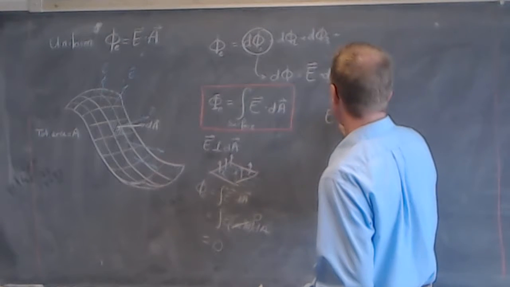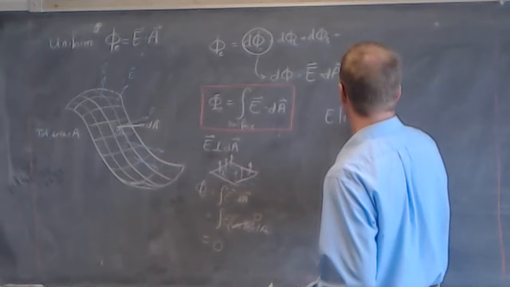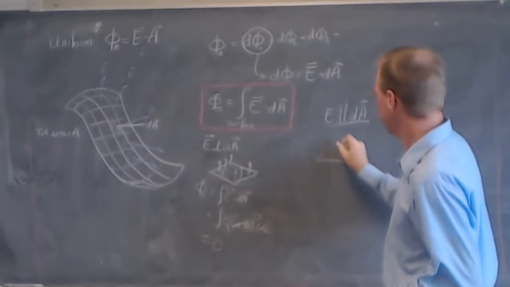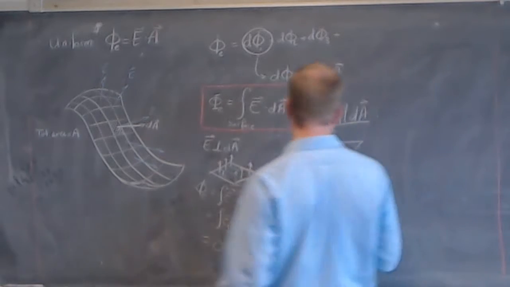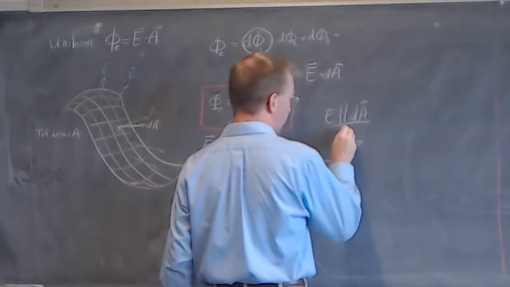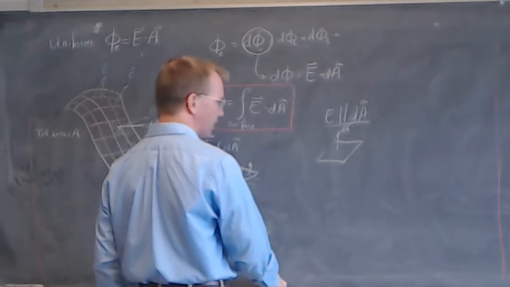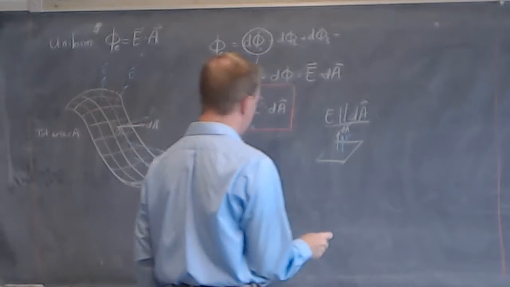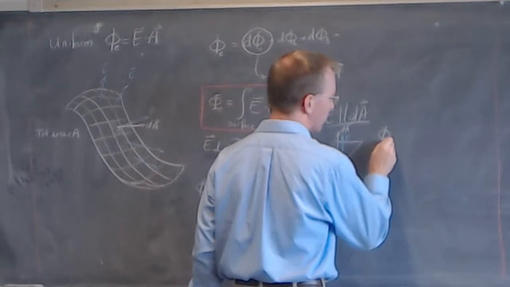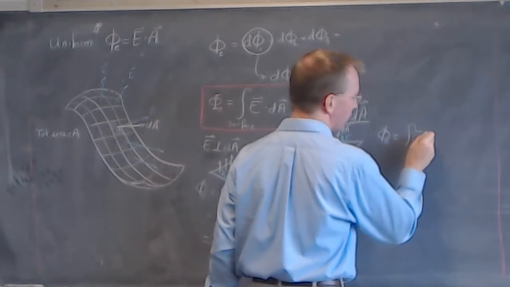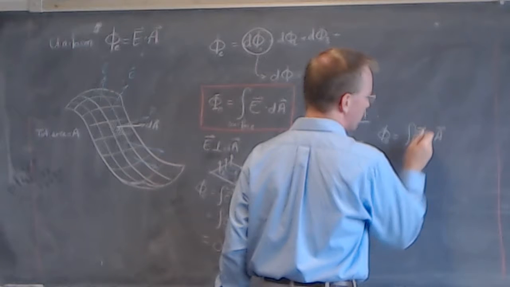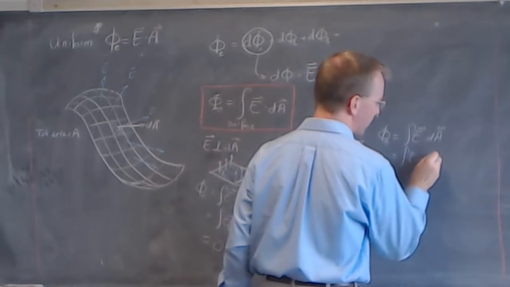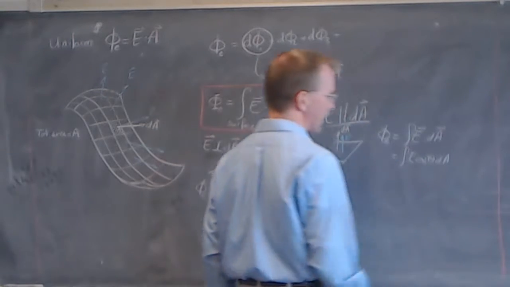If I have E parallel to dA, now if I have a little rectangular patch here, and there's dA, I'll just draw one of them, and there's E, I'll just draw one of it, then flux is the integral of E dot dA. That's the integral of E cosine theta dA.